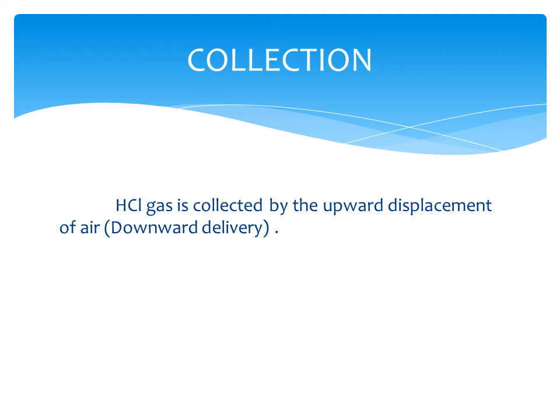Upward displacement of air is the displacement of air in the upward direction as the gases are collected by downward delivery. The gas produced in a chemical reaction is passed through a delivery tube into the gas jar where it sinks and pushes the air out of the top. This is called upward displacement of air.